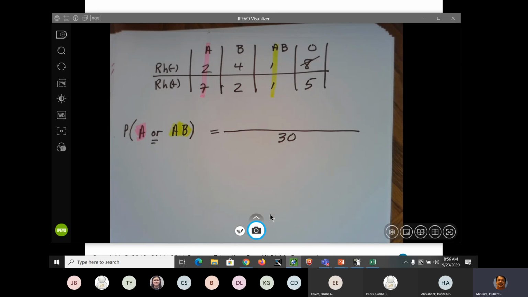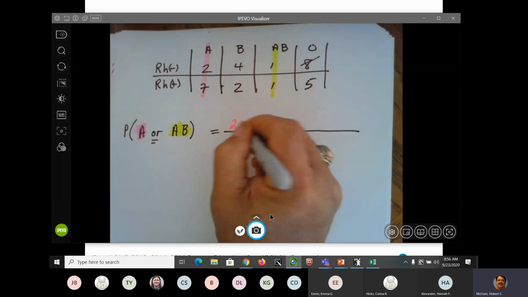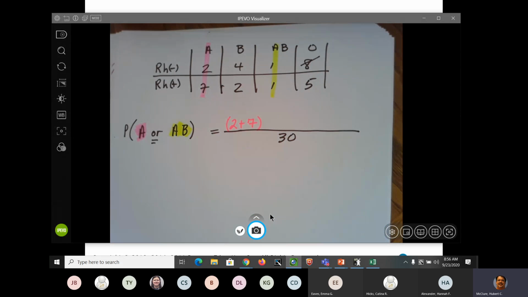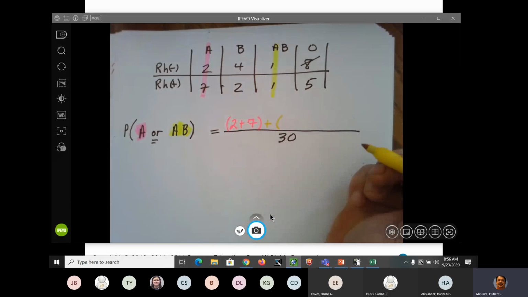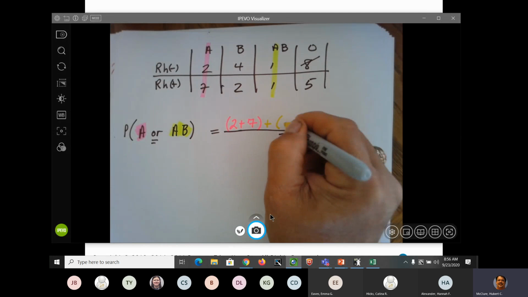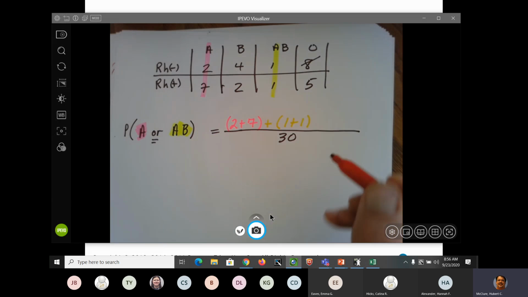So now my pink is 2 plus 7, and my yellow is 1 plus 1. And then I'm going to subtract my overlap. Well, I don't have an overlap, so I'm just going to put minus 0. My two colors are not overlapping, so I don't subtract an overlap.